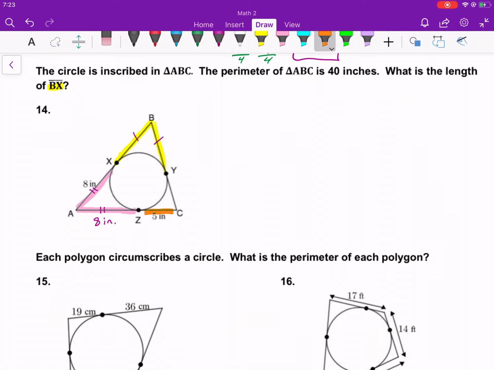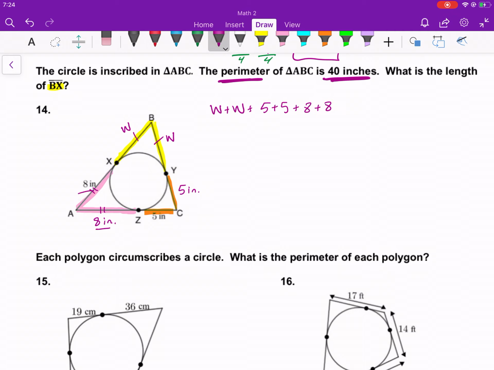Now I've got w plus w, and we're doing this. Notice this is a triangle we're using, inscribed, so it's inside the circle. So we've got w plus w, and then 5 plus 5. So there's 2 of those 5s, and then there's the 8 plus 8. All that should equal 40.